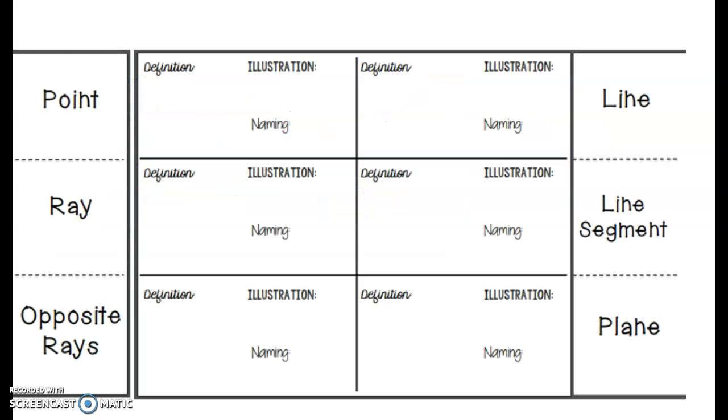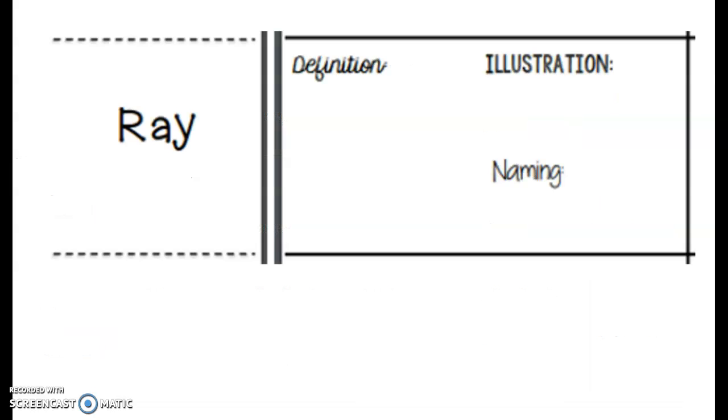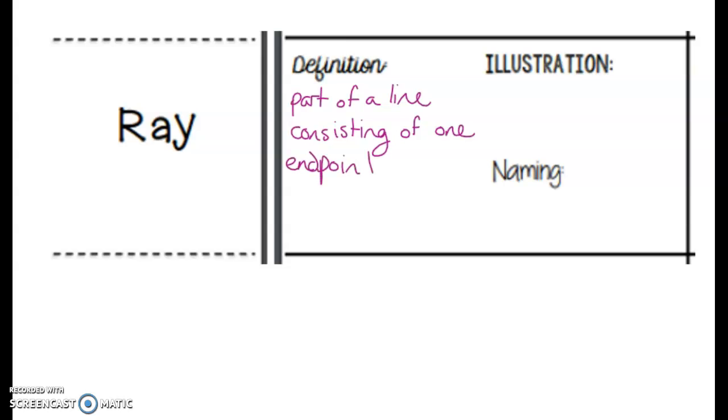Now we're going to go to the middle left, ray. We're going to look at a ray. So middle left side is where we're at, and its definition is it is part of a line, and it consists of one endpoint and it extends forever in one direction.